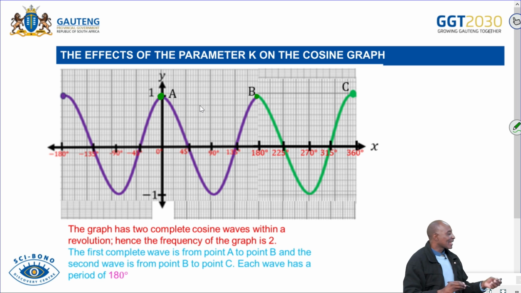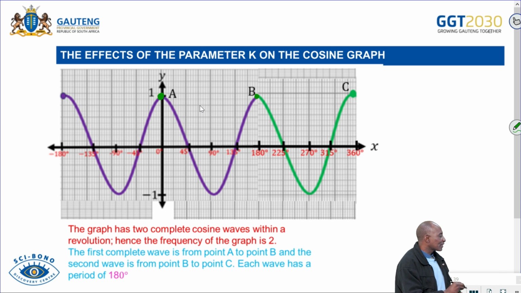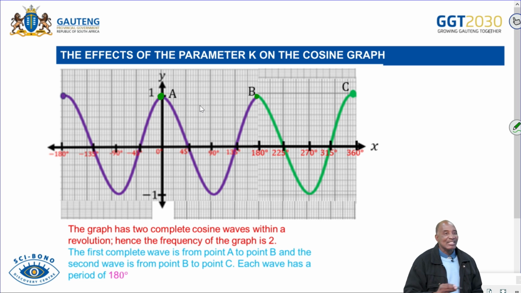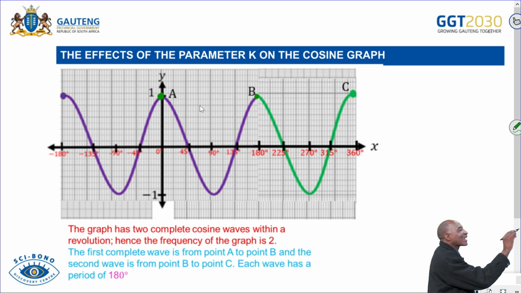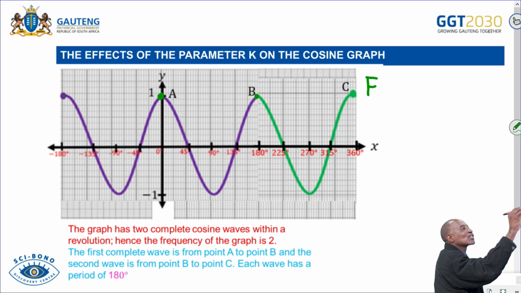So we are saying the graph has 2 complete cosine waves again, like the sine graph within a revolution. The first cycle starts from A to B. The second cycle starts from B to C. Again, we notice that there are 2 complete cycles within a revolution. Hence, the frequency is 2.